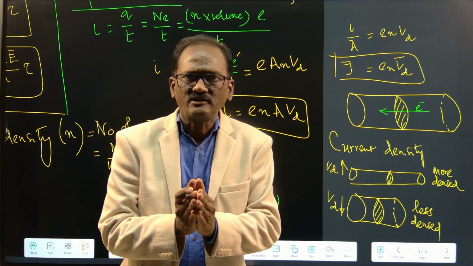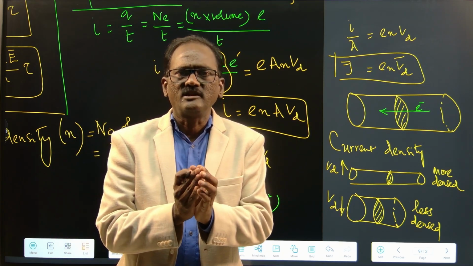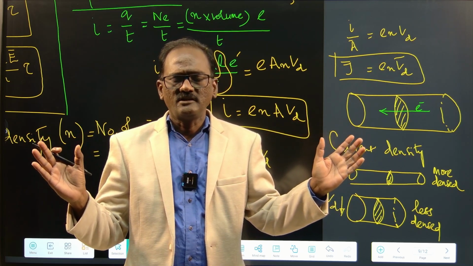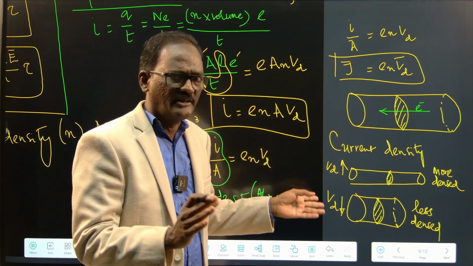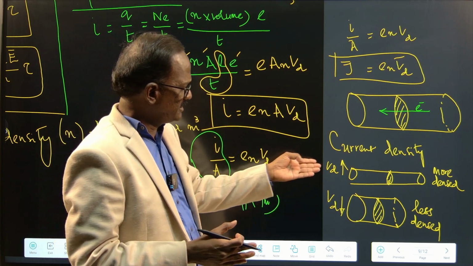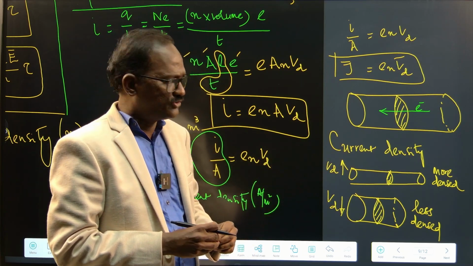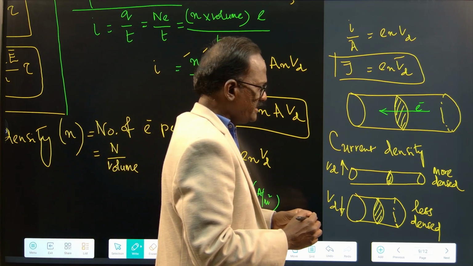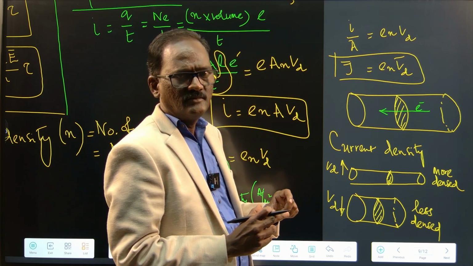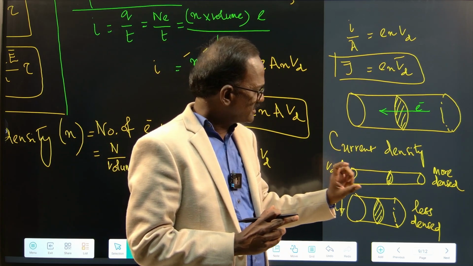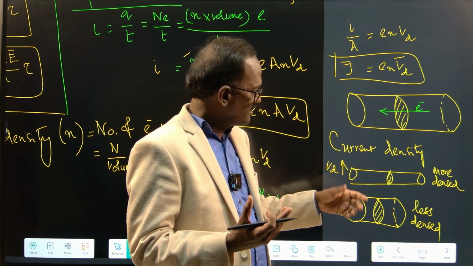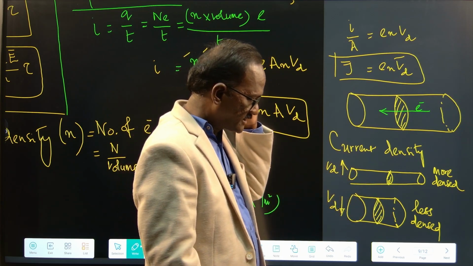All the students have to exit from a narrow door, but if the door is wide open, they can move without pushing one another. It's the same concept, nature's law, that the electrons follow. So current density is how dense the flow of electrons is. This is more dense, small cross-sectional area. This is less dense, big cross-sectional area.